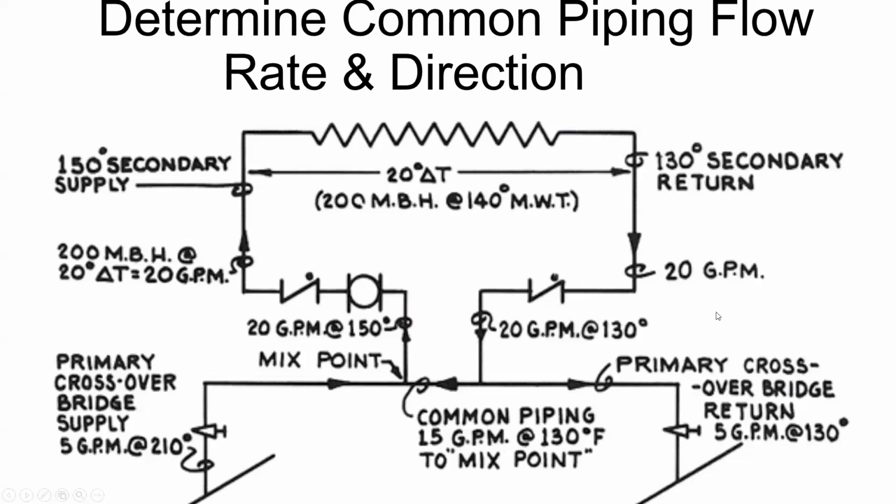Now here's where the magic takes place: at that mixing point, 15 of 130 blending with 5 at 210 becomes 20 at 150. Ta-da! Pretty simple stuff, but that's the beauty of being able to mix and match, and taking some really high temperatures available.